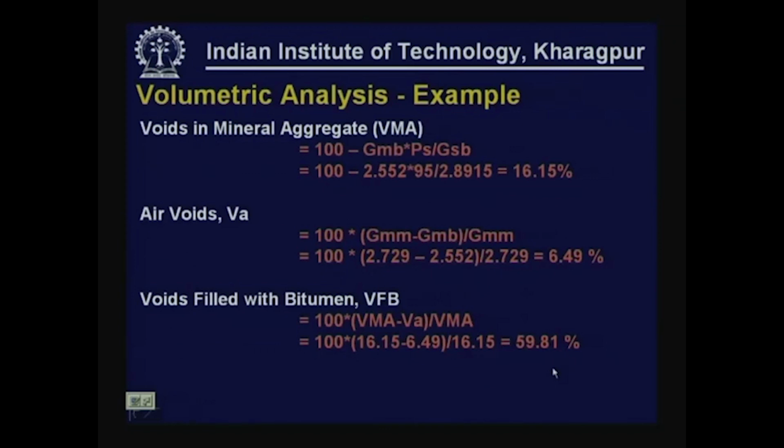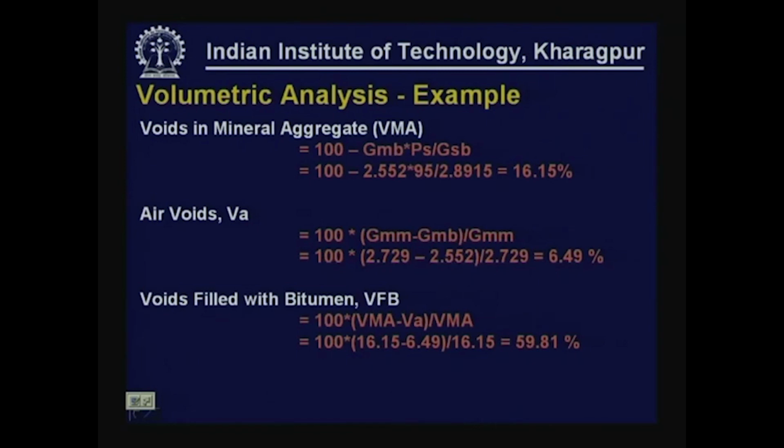Then we calculate the voids in mineral aggregates using the expression 100 minus GMB into PS by GSB. So, it works out to 16.15%. Air void content, using the specific gravity of loose mix and bulk specific gravity of the compacted mix, is GMM minus GMB by GMM expressed as percentage.